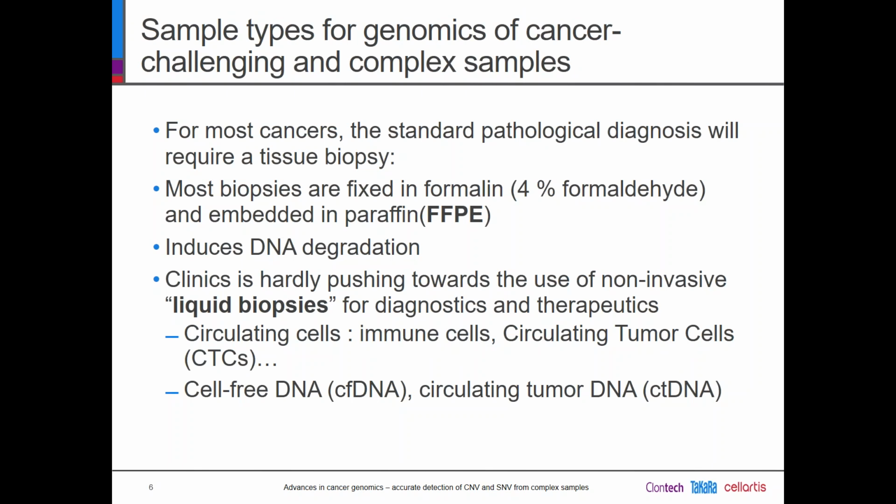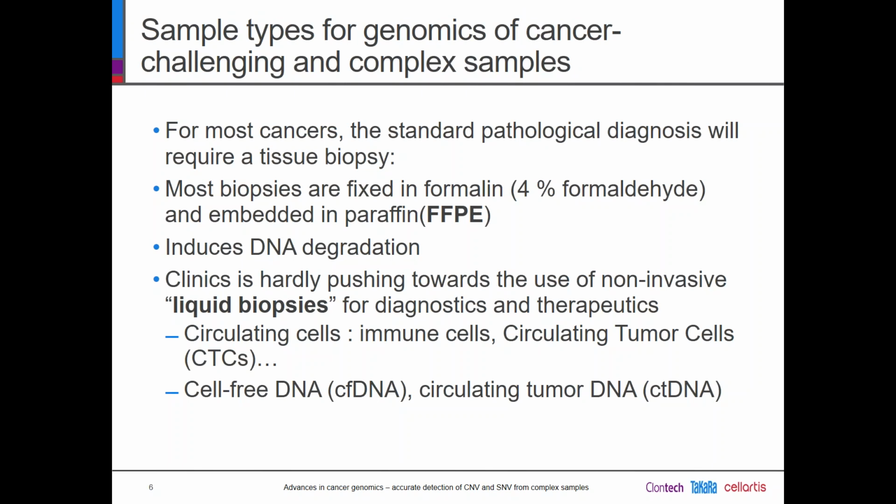So this is for the cellular part of the liquid biopsy component, but you may want as well to look at circulating nucleic acids, which are very diverse, so to say.